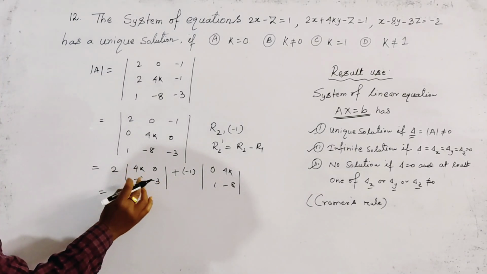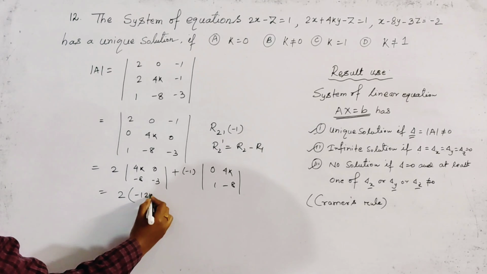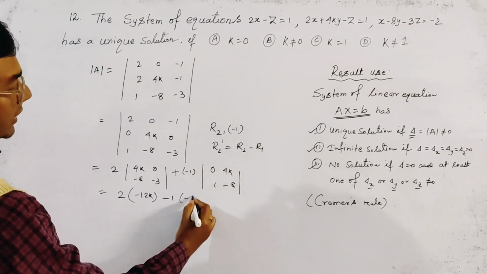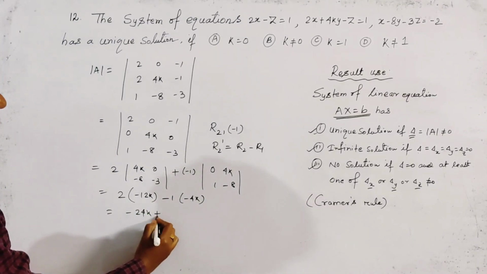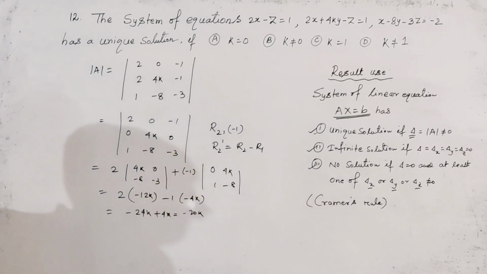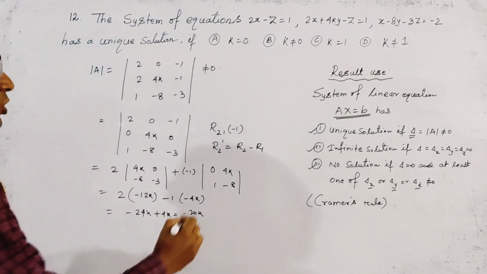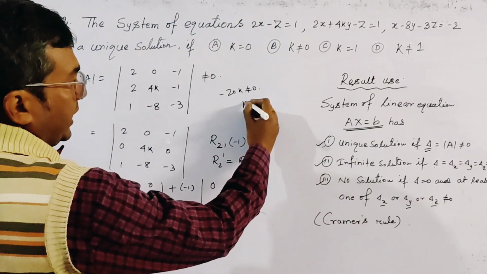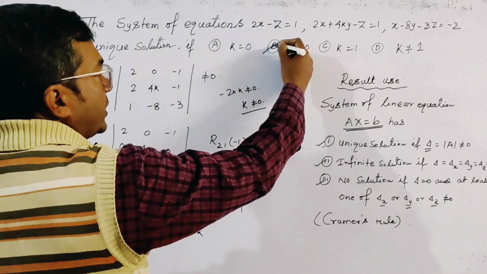From the first determinant we get 2 into minus 12k, minus 1 into minus 4k, so we get minus 24k plus 4k, this is minus 20k. Now for a unique solution it must be not equal to 0, so minus 20k not equal to 0, and in this case k not equal to 0. So our correct option is option number B.